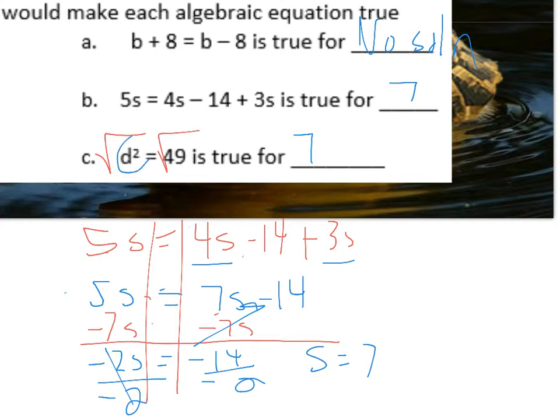But anytime you have a 2 as an exponent in an equation, there's a potential for up to 2 answers. In this case, there is another answer because a negative times a negative is a positive. So therefore, negative 7 times negative 7 is 49 and would make this equation true as well. So there we go.